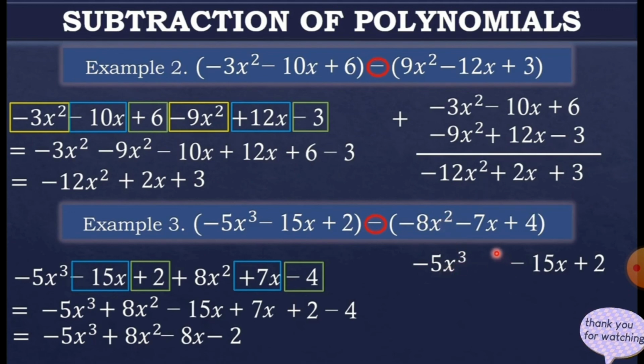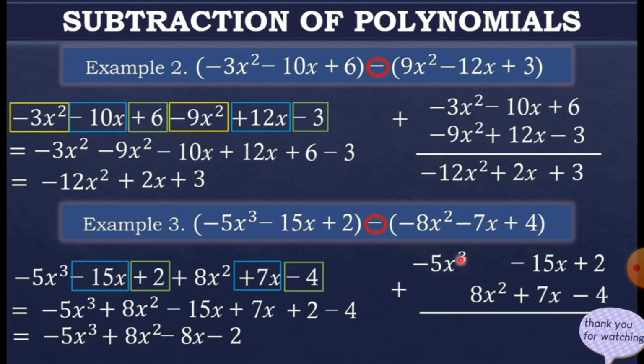Different terms should not be aligned. Terms with the same variable and exponent should be aligned. If like terms, they are aligned, no? So, here, we put 8x squared. Since the signs are already changed from negative, it becomes positive 8x squared. Negative 7x becomes positive 7x.